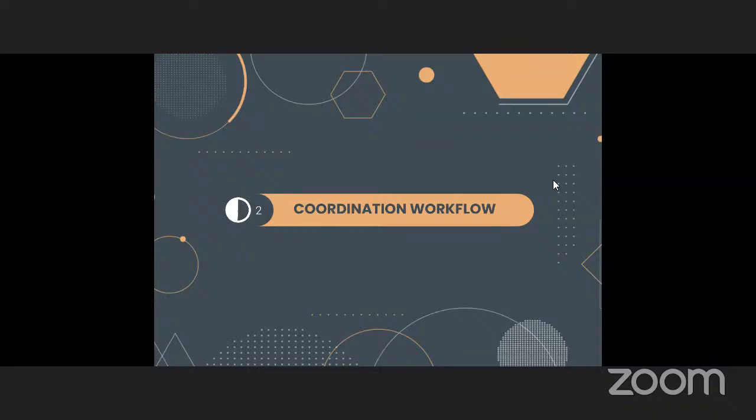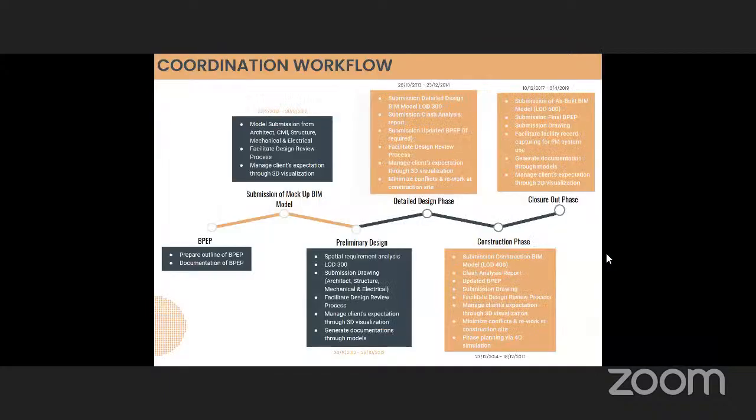Okay, then we jump to the coordination workflow. So for the coordination workflow, this is the flow for this project, which starts from the BPEP. The BPEP consists of preparing the outline and also the documentation of the BPEP, and then the next flow is the submission of the mockup BIM model, which involves the model submission from the architect, the civil, the structure, and M&E, and also facilitates the design review process to manage the client expectation through 3D visualization.